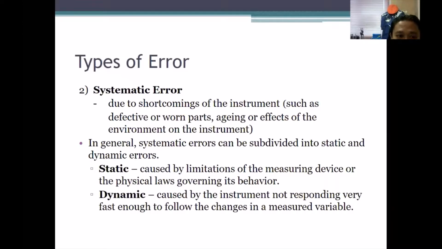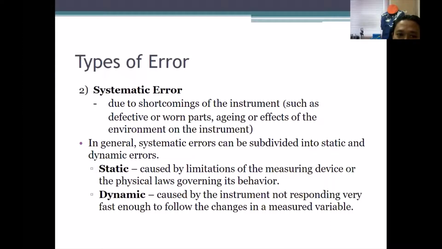Next is the systematic error. Systematic error is due to shortcomings of the instrument, such as defective or worn parts, aging, or the effect of the environment on the instrument. For example, mechanical parts have a lifetime, like a spring or a contact. Maybe after 1,000 contacts, the measurement will be affected.